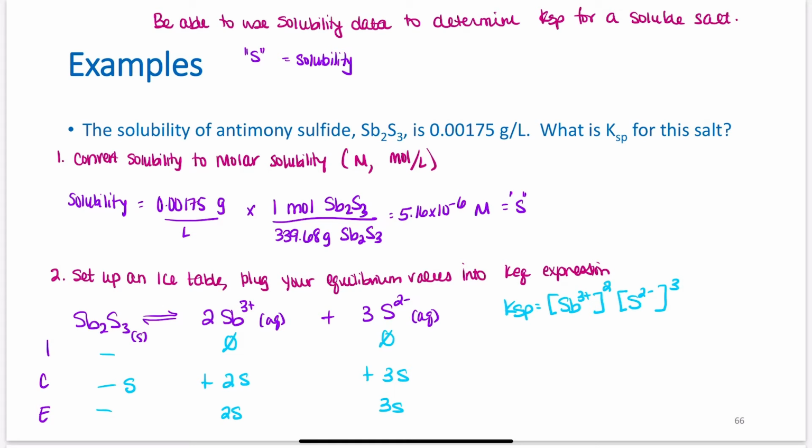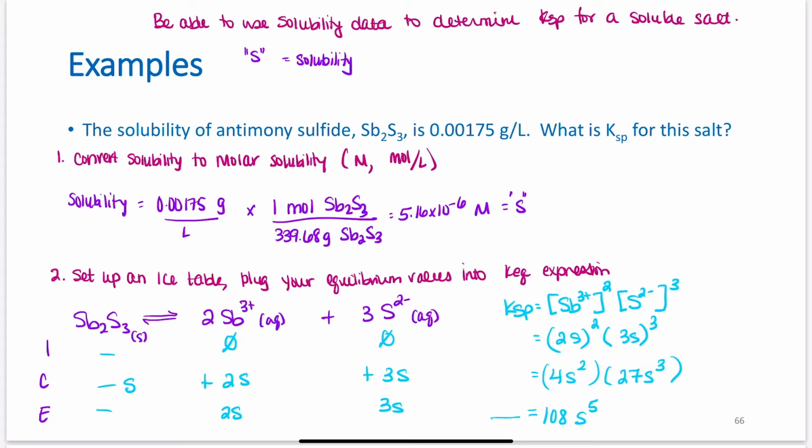And so this equals 2S quantity squared times 3S quantity cubed. 2S squared is the same as 4S squared. 3S cubed is the same as 27S cubed. Now you multiply those two things together. 4 times 27 is 108 S to the 5th.